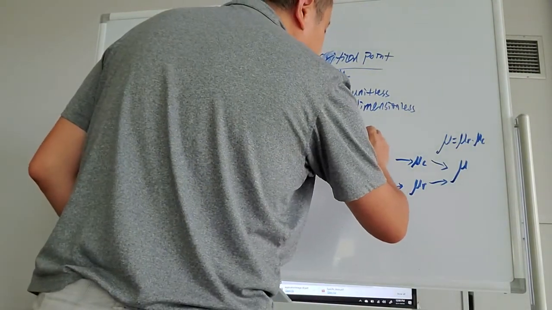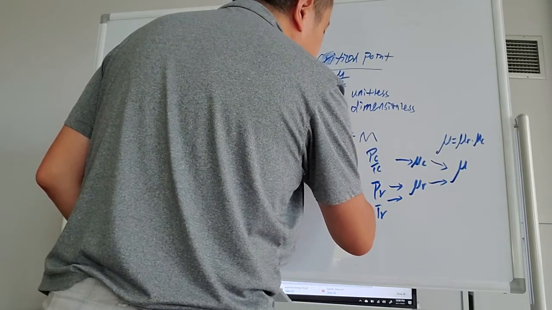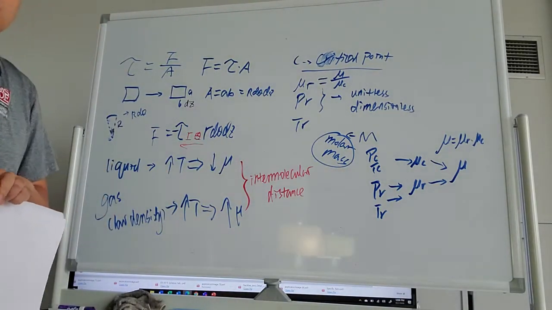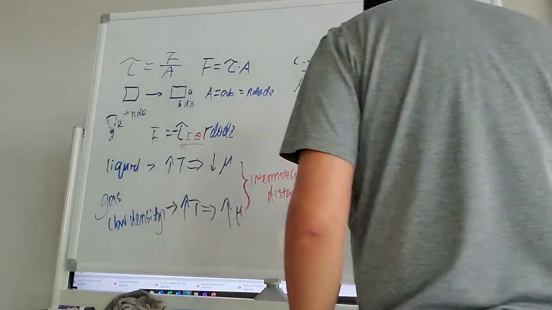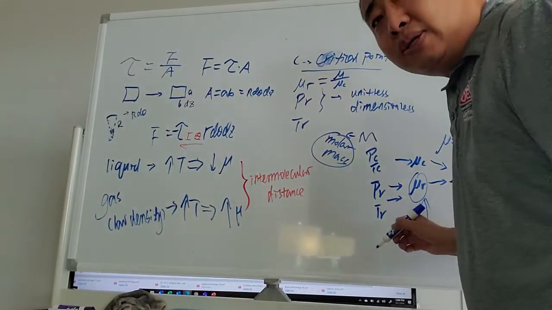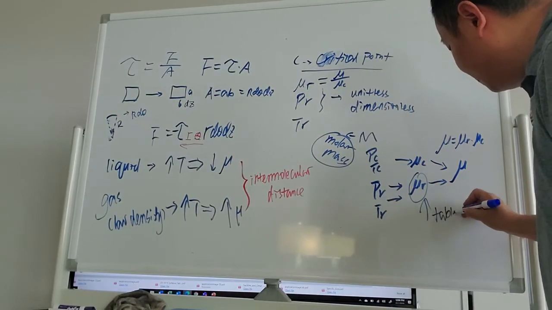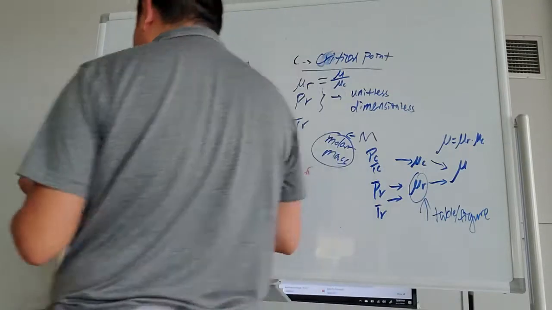You also need the molar mass. So to get MUR, we're going to get the value from the table or figure. I will show you.